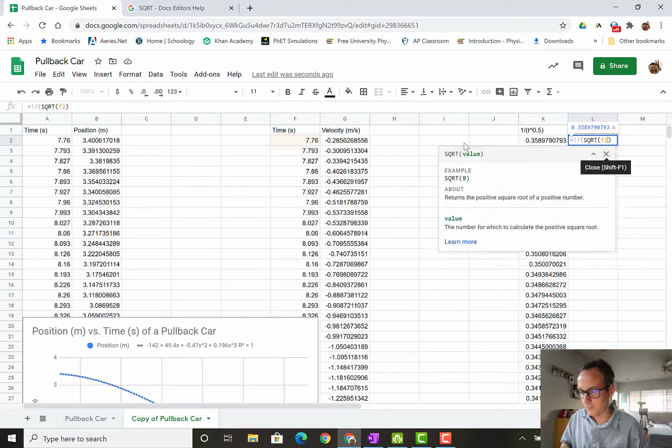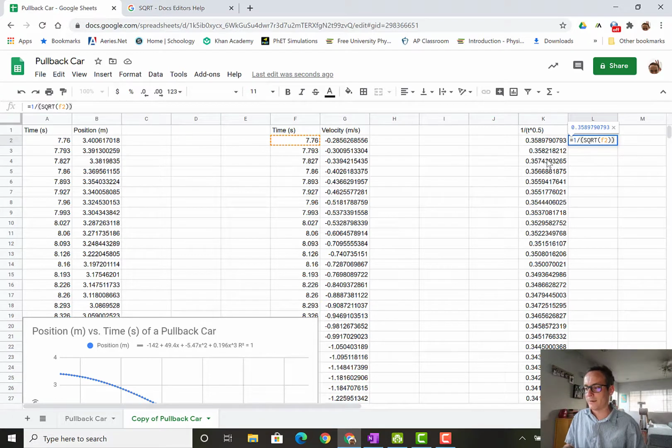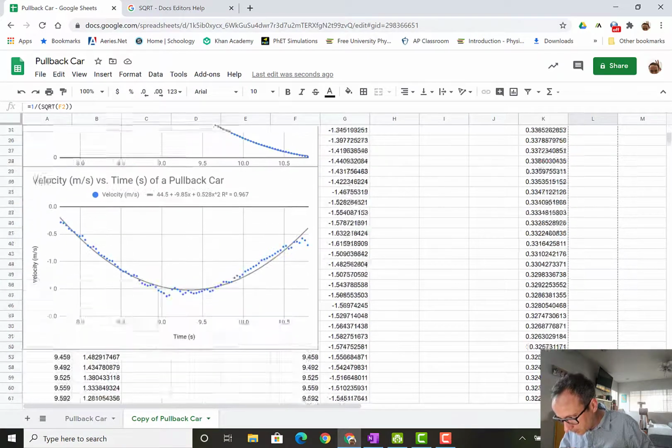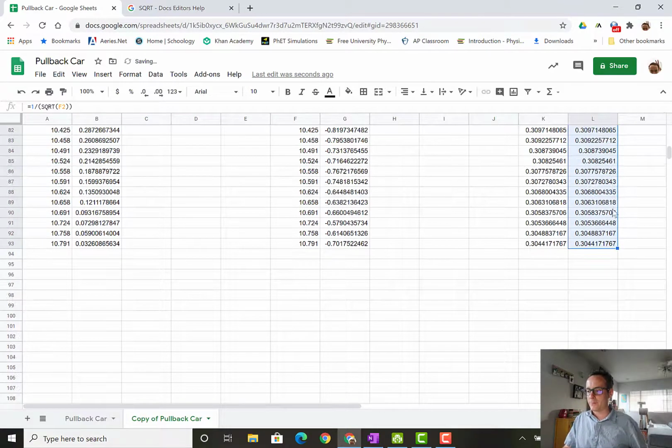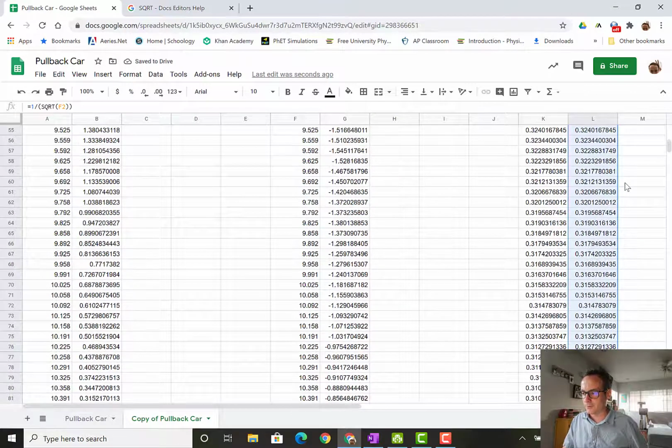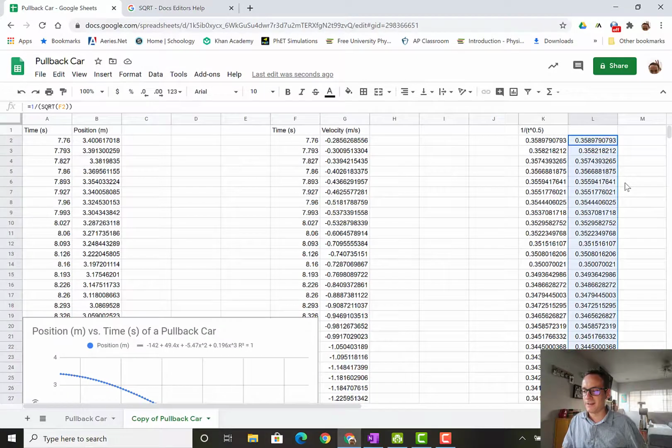So F2, it's highlighted it. It asks, is that what you want to take the square root of? Yes, Google, that's what I want to take the square root of. Let's close those parentheses up, hit enter. Hey, it's the exact same number. And then I can again click that cell, go to the lower right corner, it turns into a plus sign. I click, hold, and pull all the way down. And it does the same exact thing. You can see those are identical.